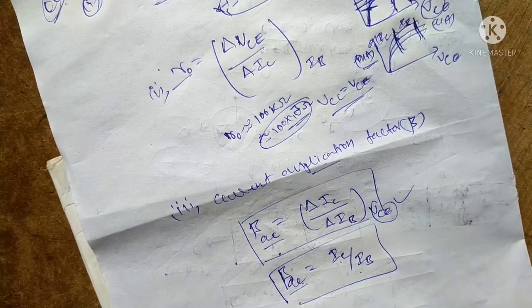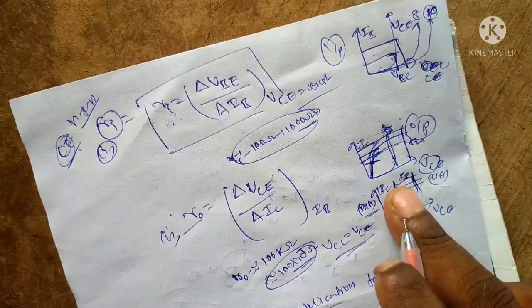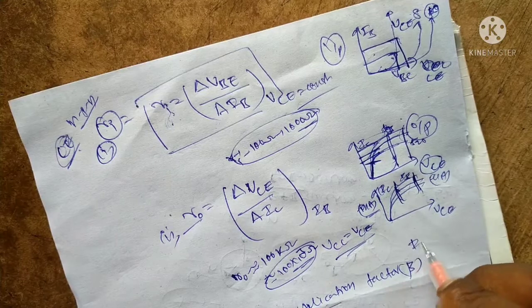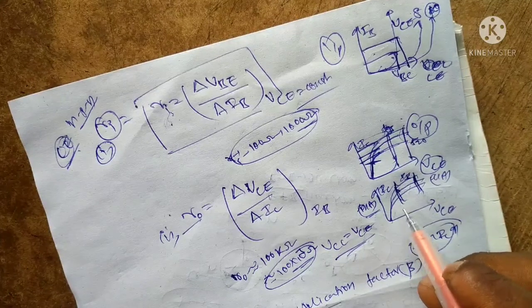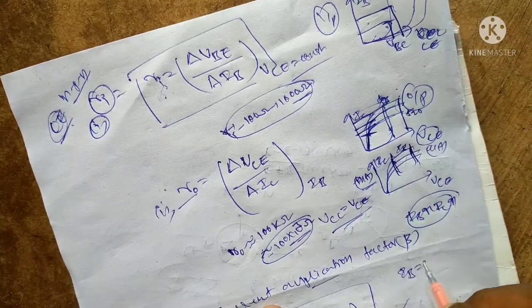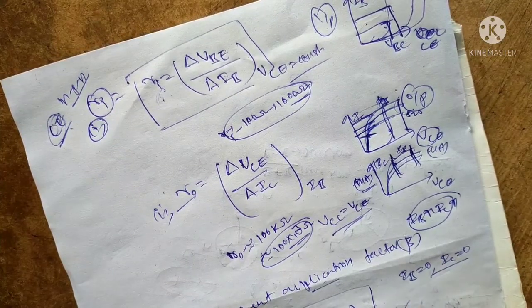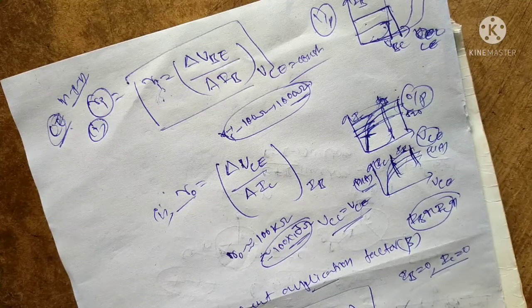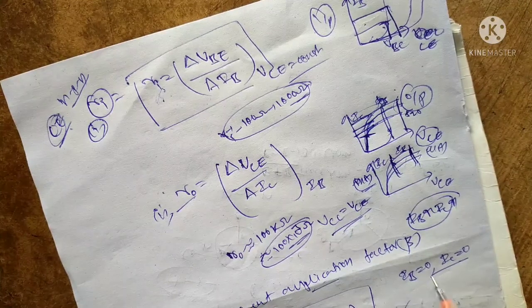Okay, from the graph, as the base current increases, the collector current also increases in the output characteristics. Suppose IB is equal to 0, then IC is equal to 0. From this equation, IB is equal to 0, IC is also 0, which means the amplification factor is 0 in the initial case, so they are nearly equal.